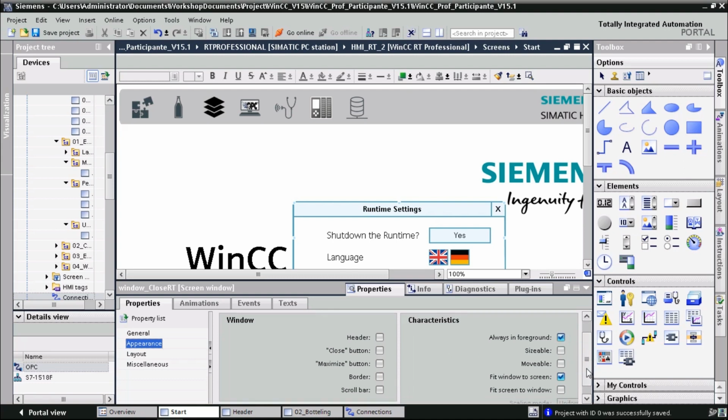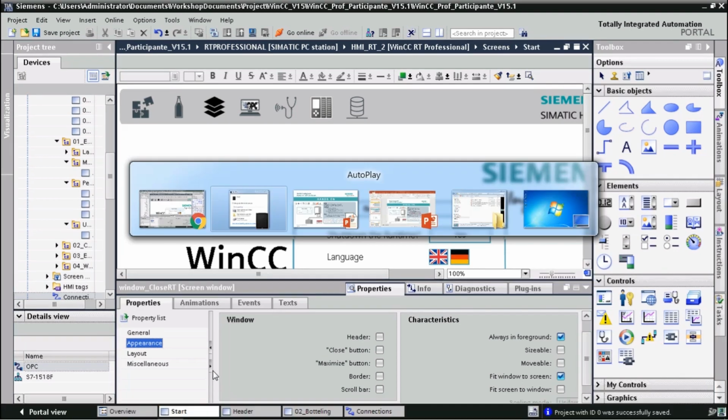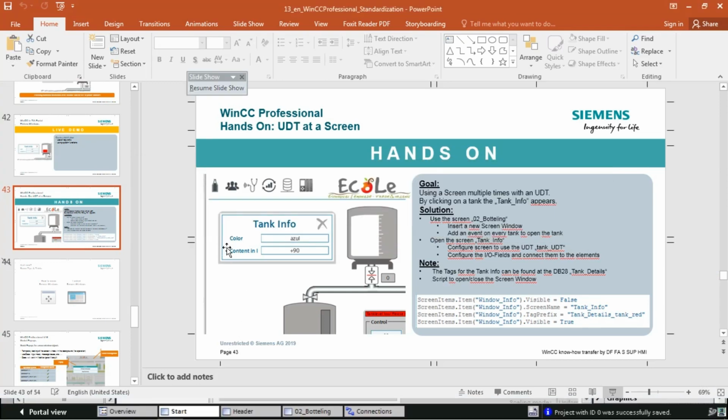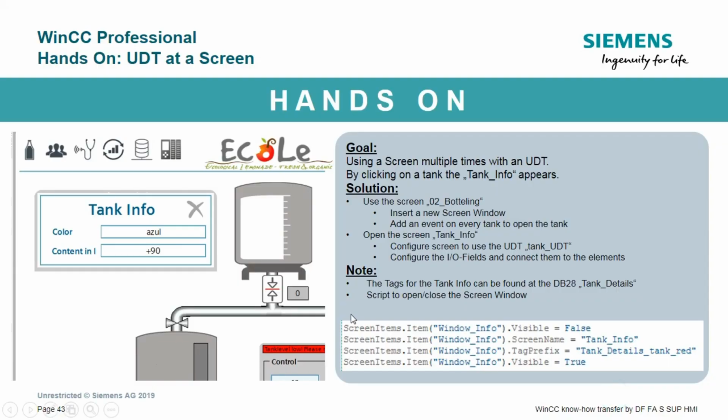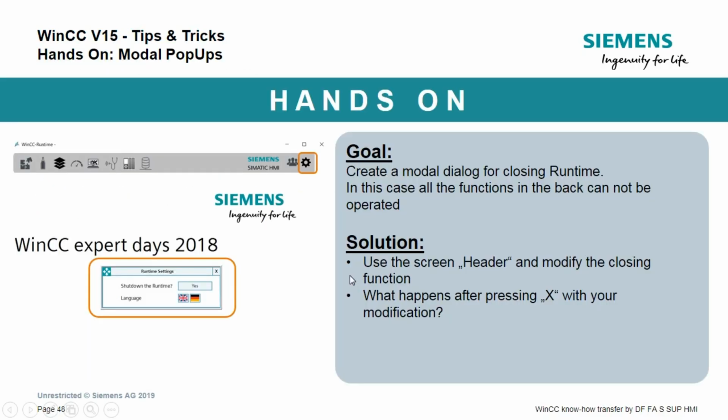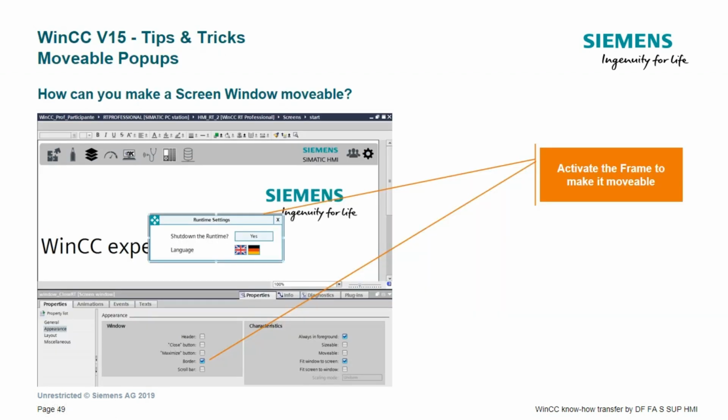So for the screen window movable, what you can find in your library again is a folder which is called movable pop-up. And there you can find two different things. One is I can move, and one is move object, which is a tag table.